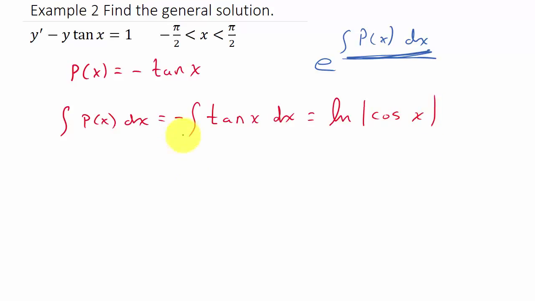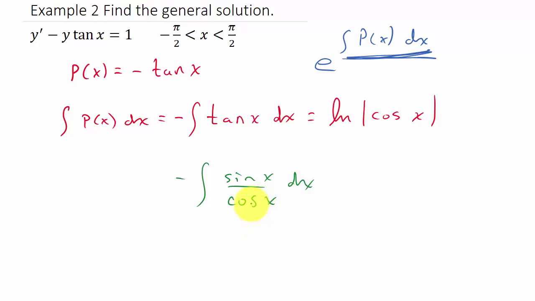Let me just show you this real quick. This is negative the integral of sine x over cosine x dx, since tangent is sine x over cosine x.